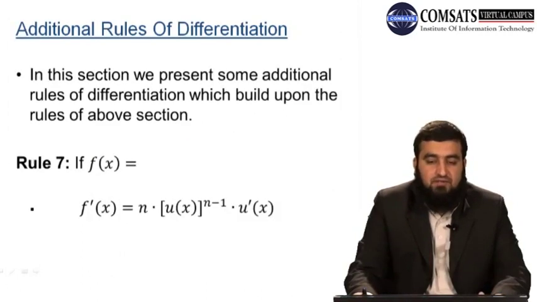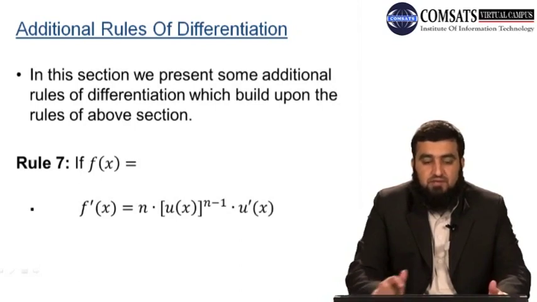Additional rules of differentiation. In this section we present some additional rules of differentiation which build upon the rules of the above section. So in this section we will define some more rules of differentiation, which primarily depend on the previous rules.